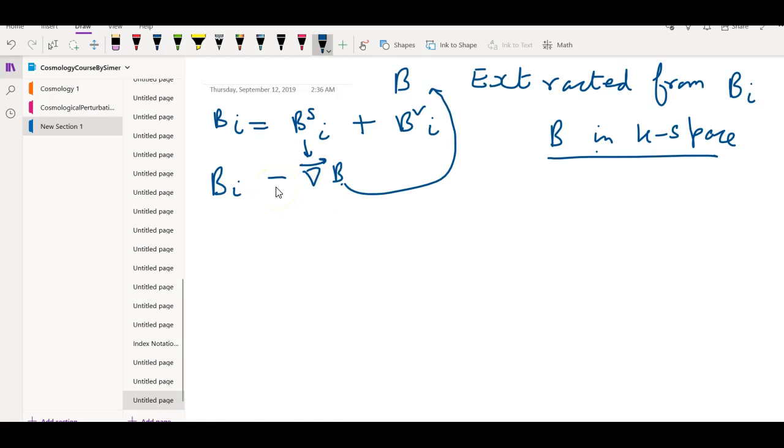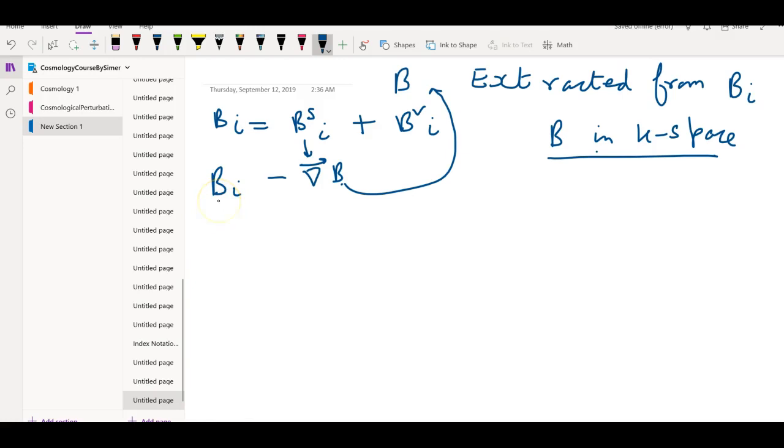One is scalar and one is vector, and they both have different units. But what we want is to see the same unit in our expressions. We want the unit of B to be the same as that of B_i.